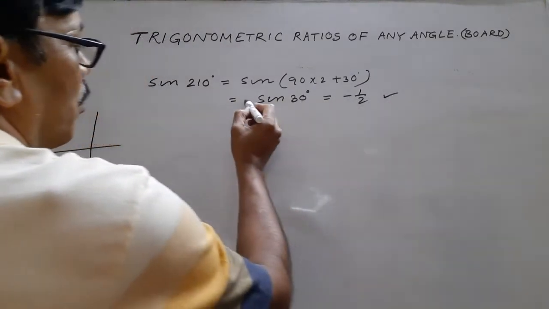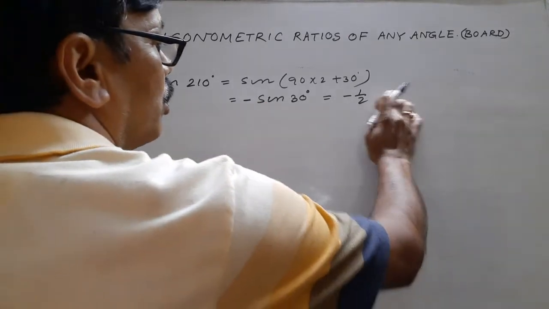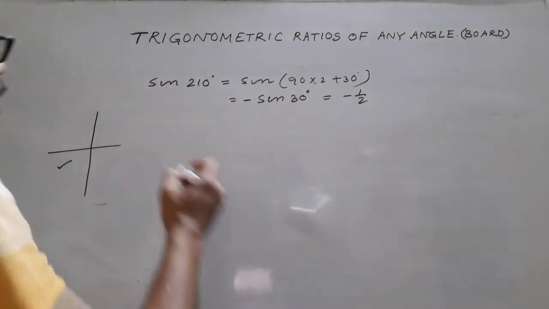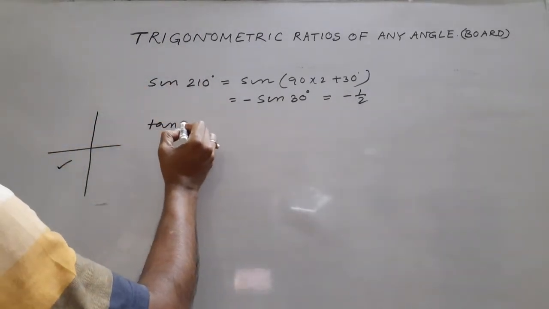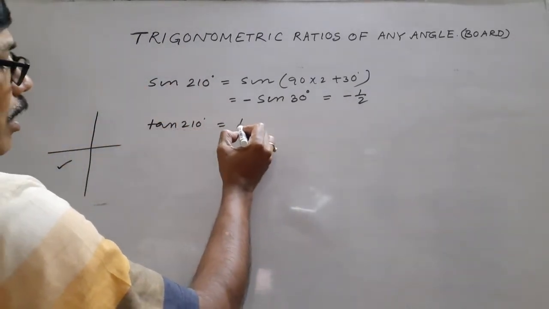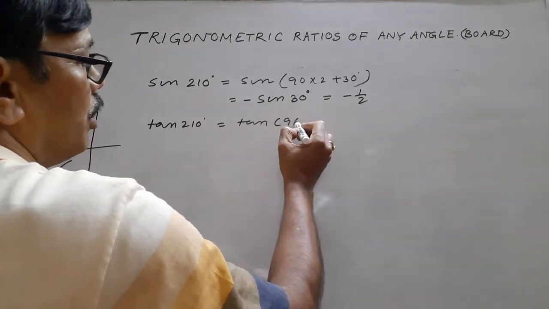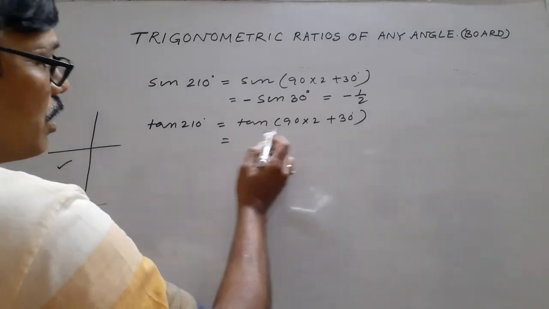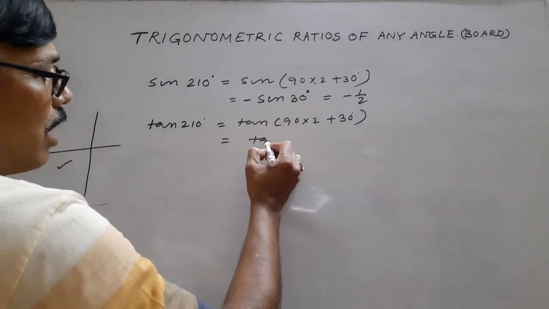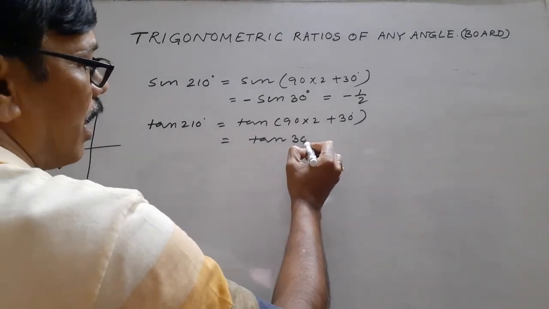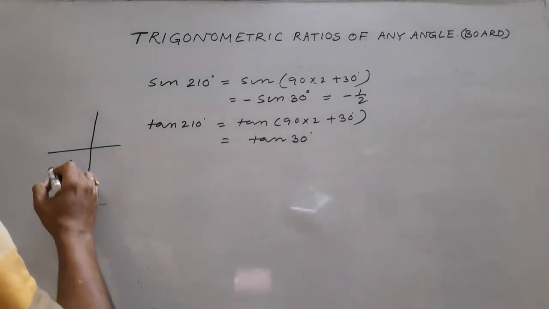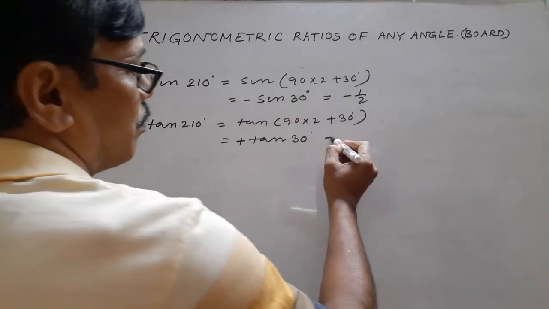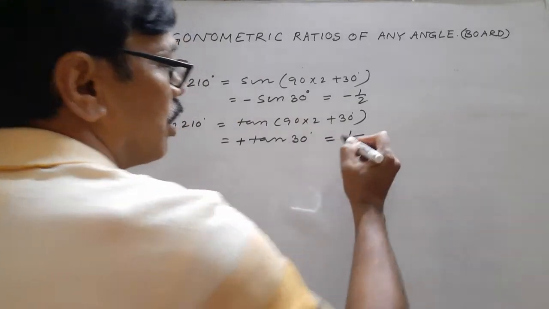So this is minus sine 30, so minus half. Now tan 210, the same angle, tan of 90 into 2 plus 30. It is an even multiple, so tan will remain tan 30. It lies in the third quadrant, where tan is positive. So 1 by root 3.